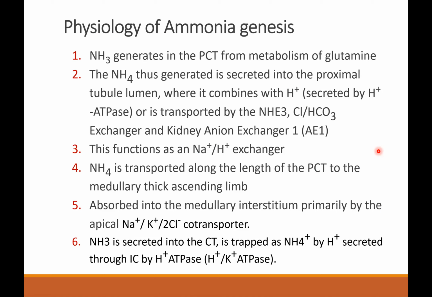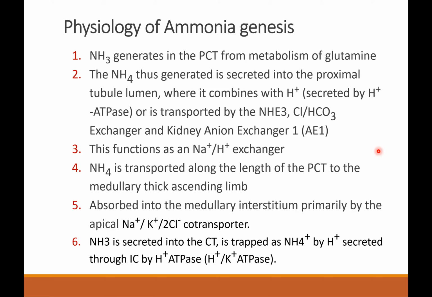This ammonia, NH4, thus generated, is secreted into the proximal tubular lumen. NH3 combines with hydrogen there in the PCT and gets into the lumen as ammonium ion. It combines with the hydrogen secreted by the H-ATPase, we know that.